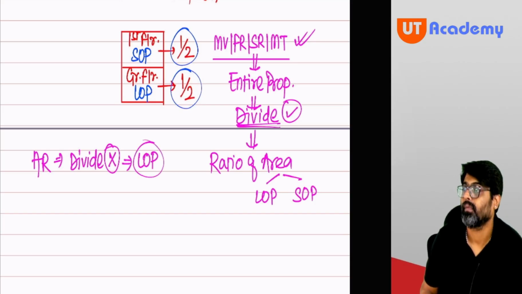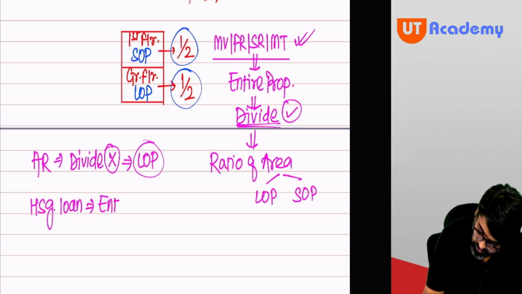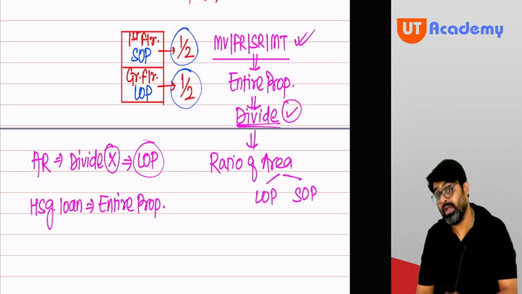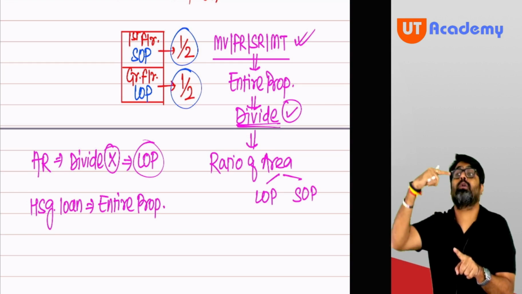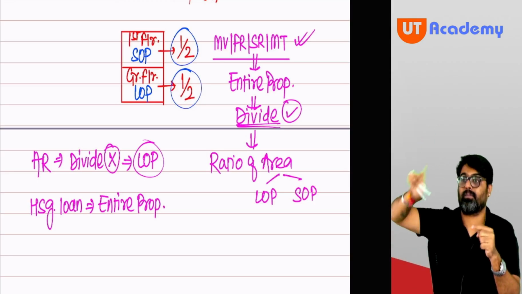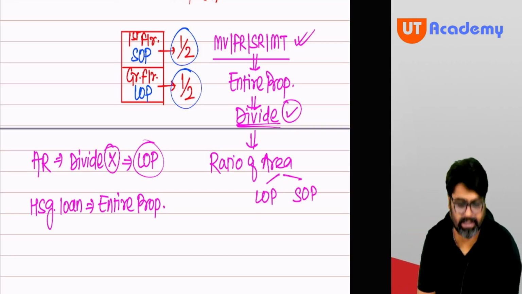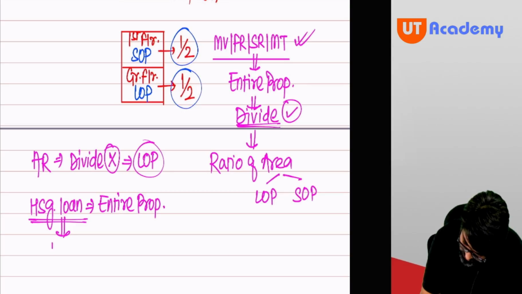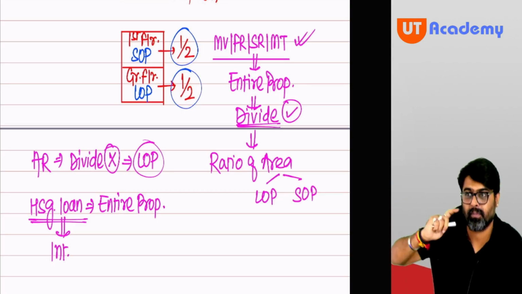Yes or no? Now can I say a housing loan is taken for the entire property? Now they are saying that the housing loan is not taken only for the ground floor. No, no. Housing loan is not taken only for the first floor. Housing loan was taken for the entire property. If the housing loan was taken for the entire property, so on this housing loan, whatever interest will be there, don't you think that this interest will relate to the entire property?